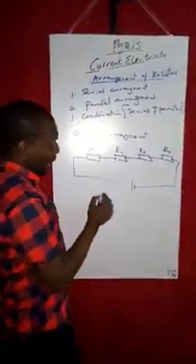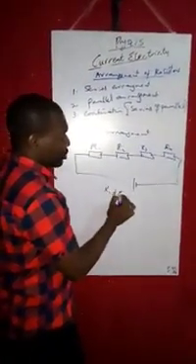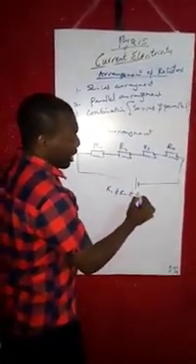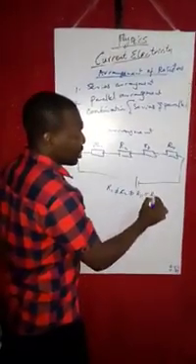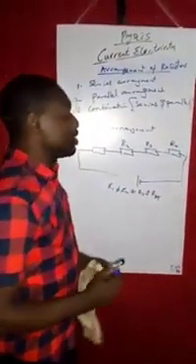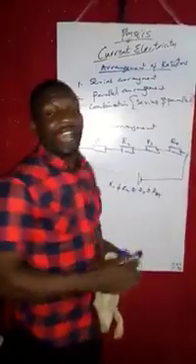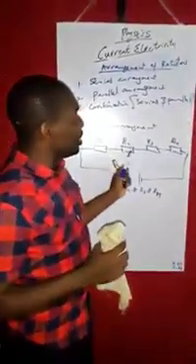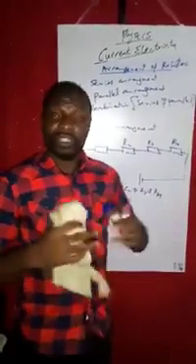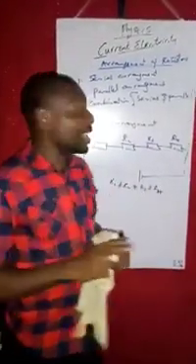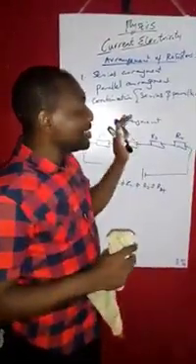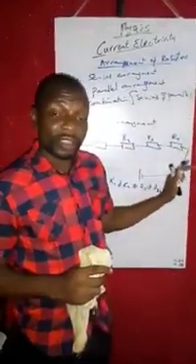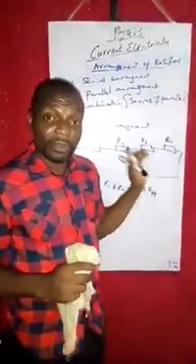Let's also assume that R1 is not equal to R2, R3 or R4. That means that since none of these are equal, the voltage drop at each of these points would be different. Which is why we say that in series arrangement the same current passes through it, but with different voltage.